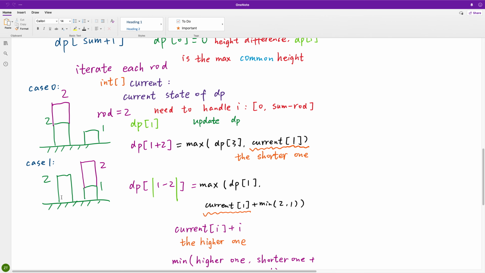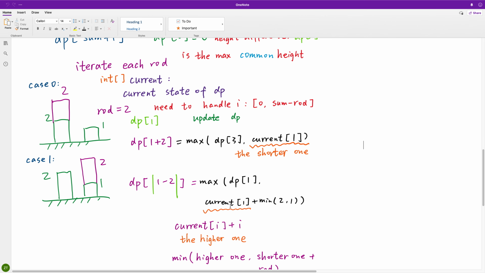So we just pick its minimum, because as I said, it's the maximum common height, so it should be decided by the shorter one. So we just need to compare these two heights. For the higher one, its height is equal to current i plus i, because current i is the shorter one. For this one, it is just the shorter one plus road, that is current i plus the road. So just pick the road and i minimum. So that's it. We updated it.